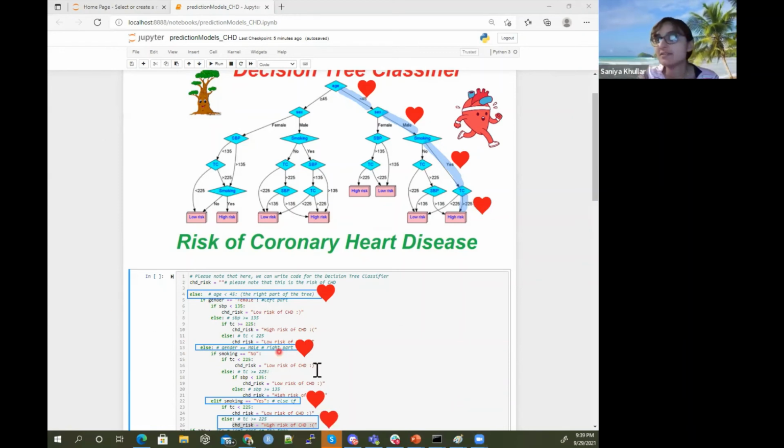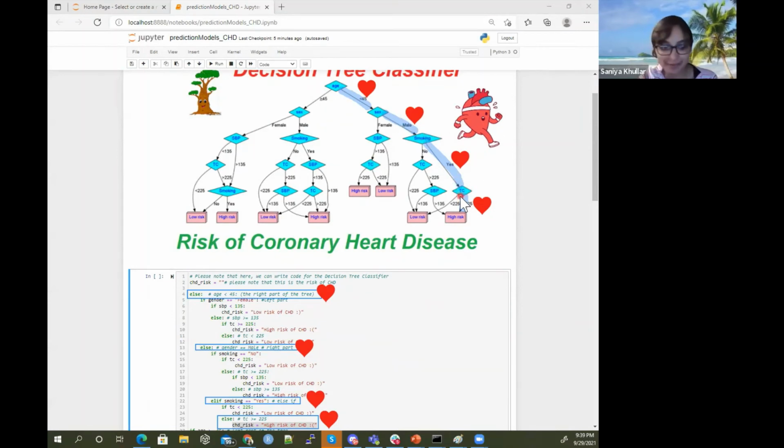So we have a set of conditions: if age is greater than 45, this is the else statement here. That's what it means. Then if you're male, that's what this else statement is checking. So if you're not a female, then if you're male here, and then smoking.